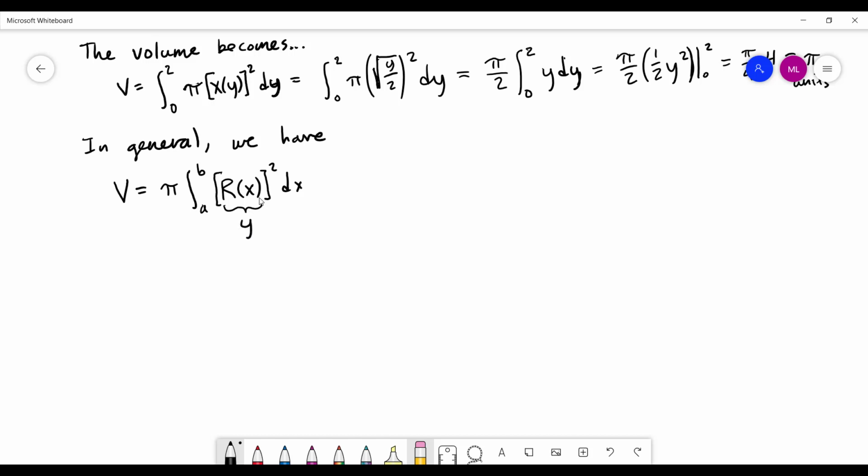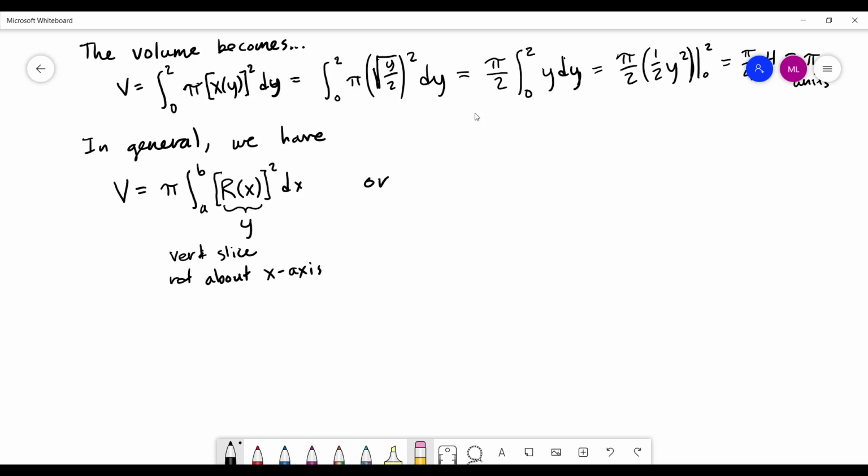So basically, whenever your shape is generated by rotating a curve around the x-axis, the y-coordinate is going to be the distance from the x-axis. It's going to be the radius that we're going to wind up using. So these are for our vertical slice, rotation about the x-axis.